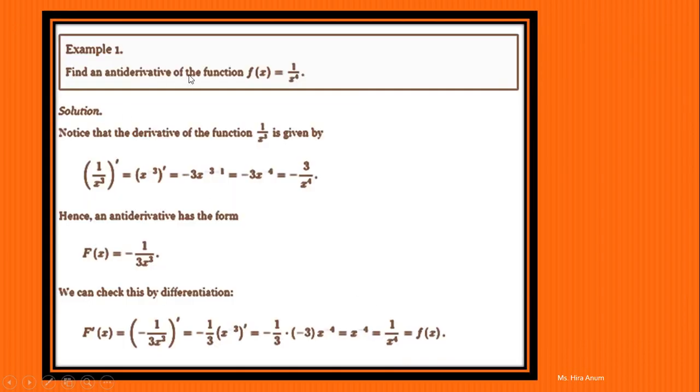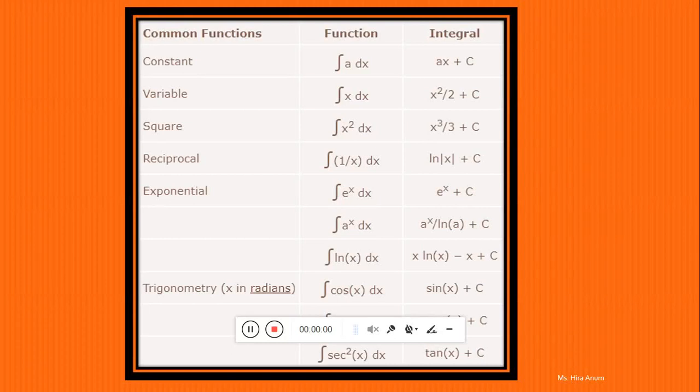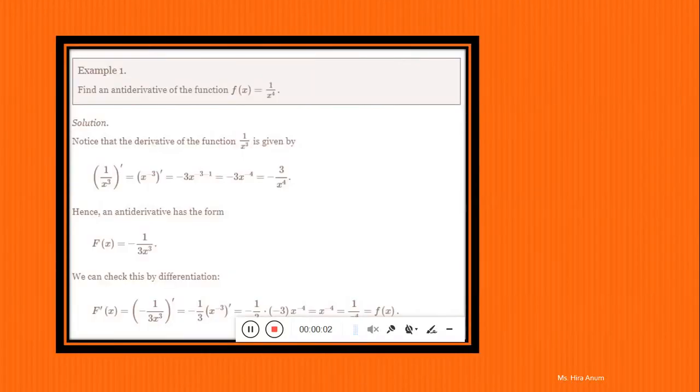Find the antiderivative of the function f(x) equals 1 over x^4. This is example number 1. Firstly, we notice the derivative of 1 over x cubed.